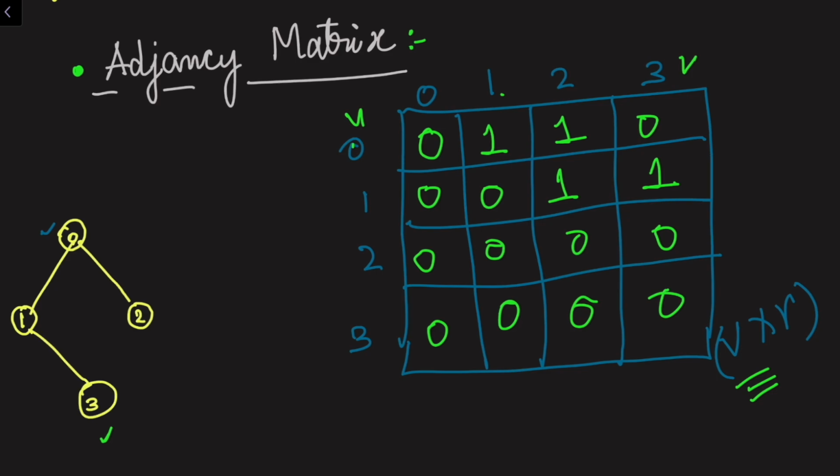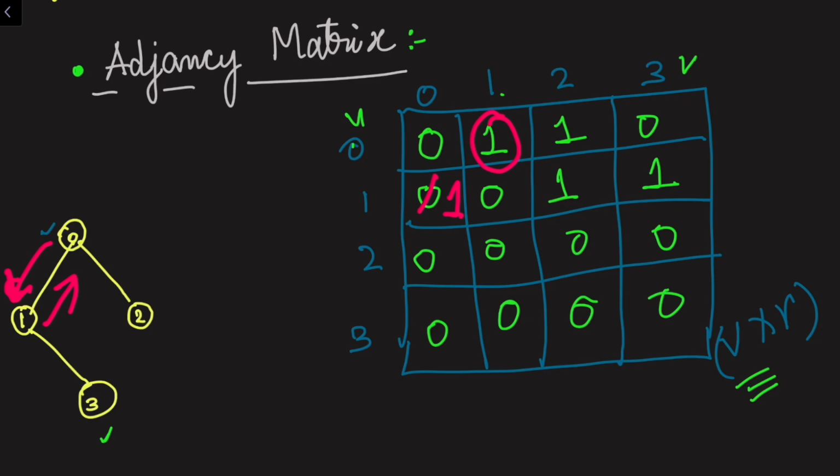What changes do we need to make? It means that between 1 and 0 we have an edge in both directions. So we are going to change the matrix. From 0 to 1 we have a direction, and now from 1 to 0 we also mark it as 1.